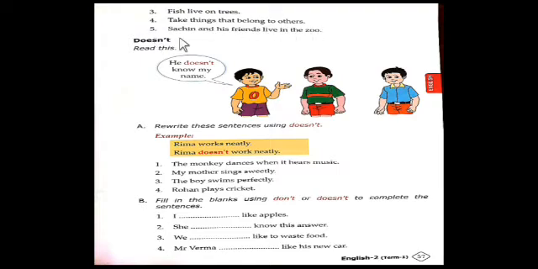Fifth one. Sachin and his friends live in the zoo. Is it possible? It's not possible. It's wrong. Sachin and his friends don't live in the zoo. So we must add don't after the noun.